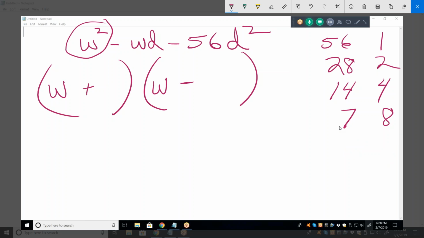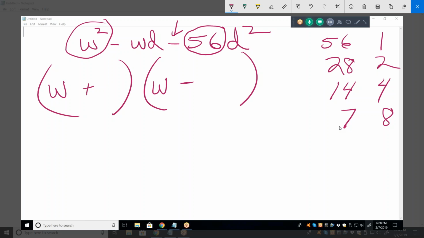Now, let's pretend we don't have this wd or d squared. What would the rule be? It would be factor what? It would be factor 56, or negative 56. No, don't worry about those signs yet. It's factors of 56 that do what? That tells you what they have to do. Subtract to 1. Exactly.